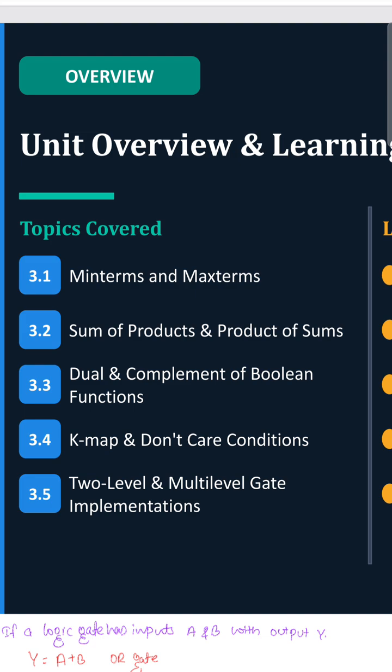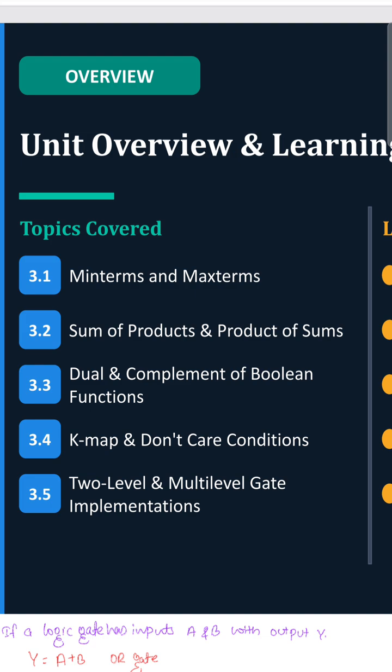Boolean simplification directly contributes to faster processors, longer battery life, smaller chips, reduced manufacturing costs. Every smartphone, laptop, router, your smartwatch, or any other digital devices benefits from this concept.